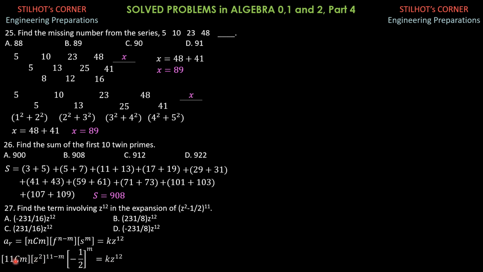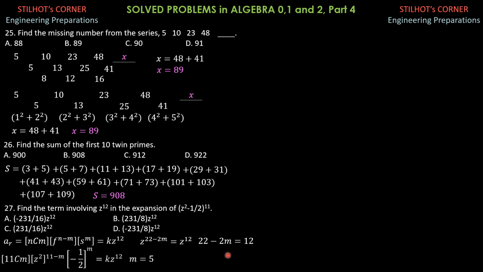So take note that 11 combination m is a constant, negative 1 half to the m is constant. Therefore, we only equate the exponent of z here to 12. So this is z to the 22 minus 2m. So z to the 22 minus 2m equals z to the 12. So 22 minus 2m equals 12. So that means 22 minus 12 is 10 divided by 2, 5.